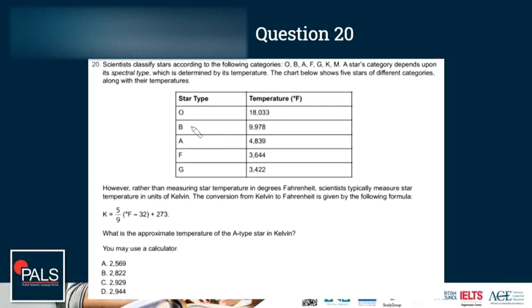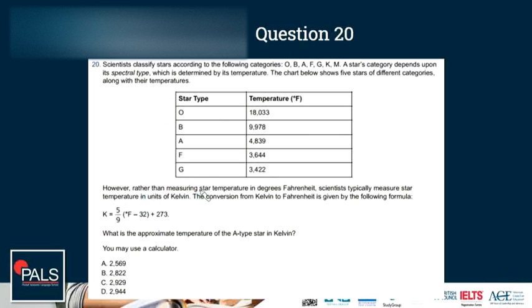Question 20. Scientists classify stars according to the following categories: O, B, A, F, G, K, M. A star's category depends upon its spectral type, which is determined by its temperature. The chart below shows 5 stars of different categories along with their temperatures. We have an O, B, A, F, and G star, and here we see the temperatures of these. O is the hottest, and then temperatures decrease to G with the lowest temperature in this table.